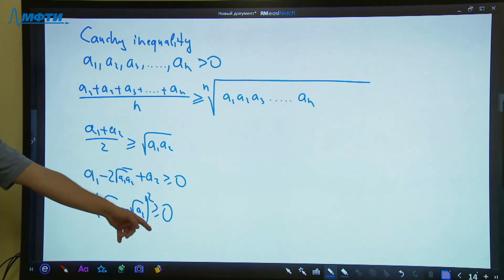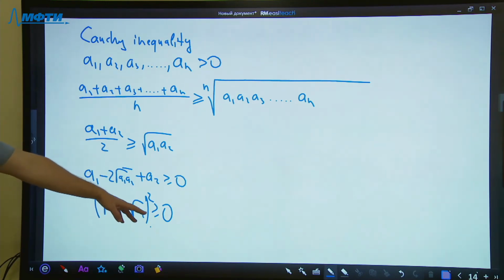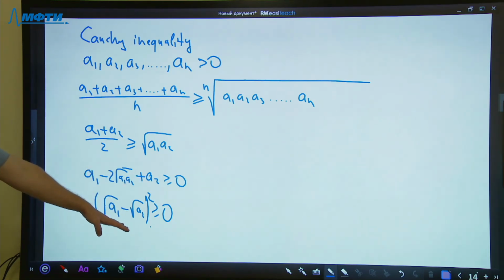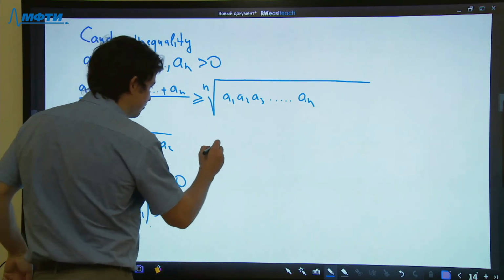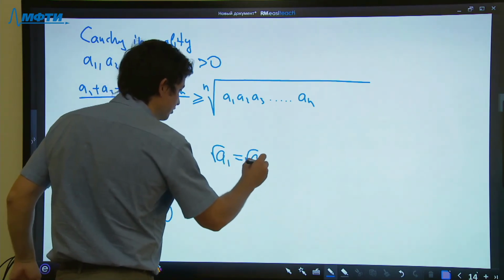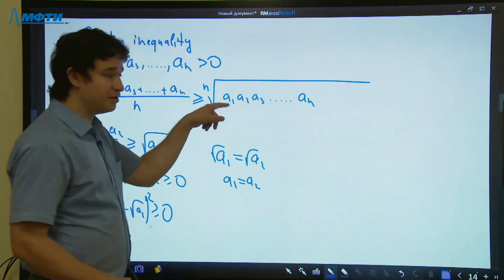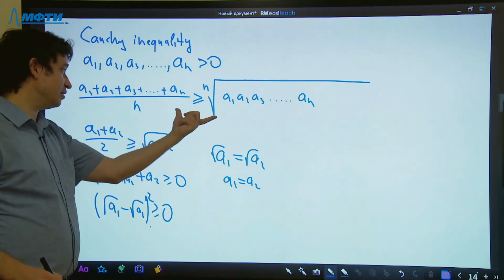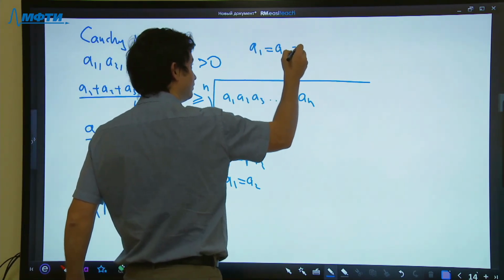And indeed, it's obvious. A full square of some number is always greater than or equal to 0. There is also a condition for this inequality which immediately follows, the condition when this inequality becomes an equality. That is when square root of a1 equals square root of a2, so that a1 equals a2. In the general case, again, this inequality becomes an equality when all of these numbers are equal.